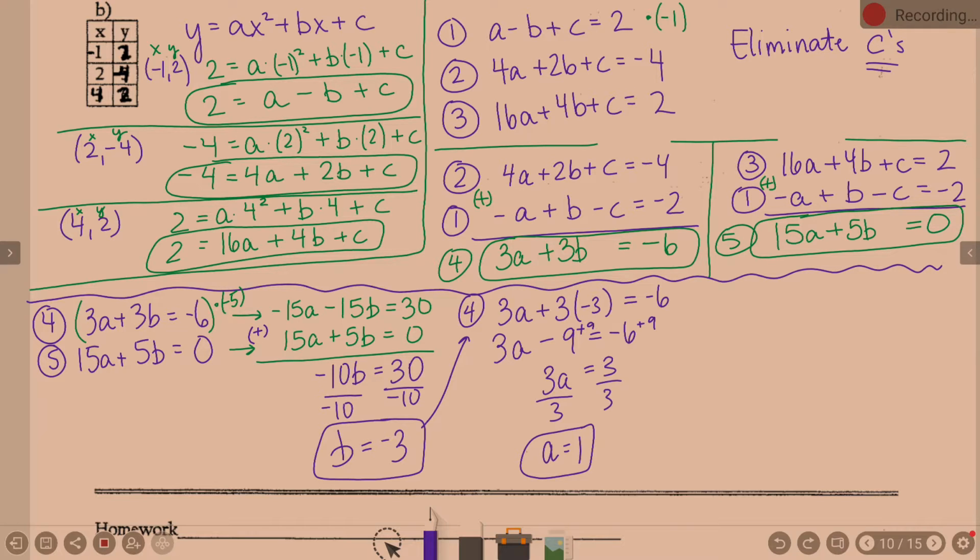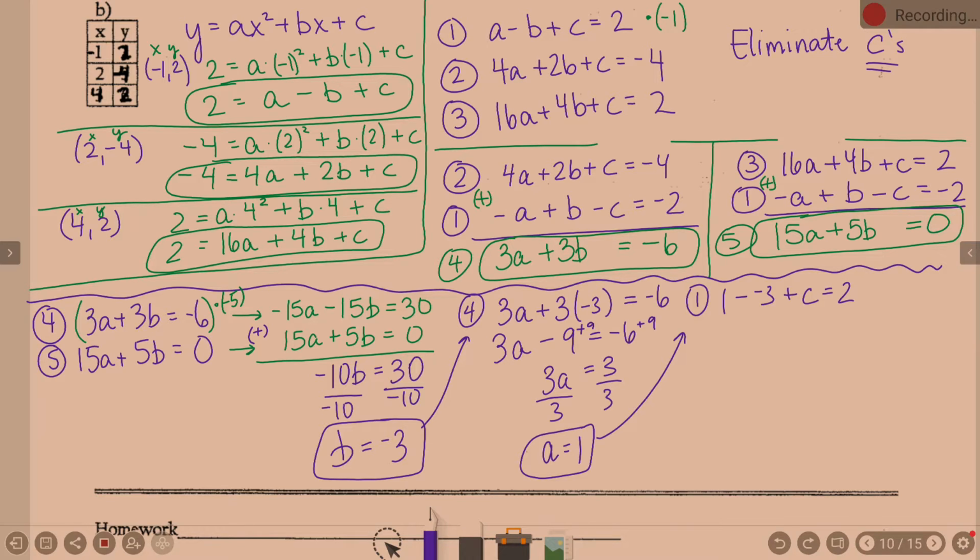Now am I done? No. Plug that in. We've got a and b. Now my job is to find c. We go back to 1, 2, or 3 at this point. I did 1. So 1 says a, which is 1, minus b, so minus negative 3, plus c equals 2.